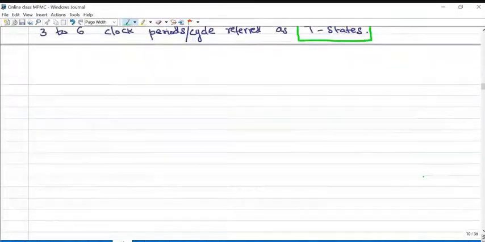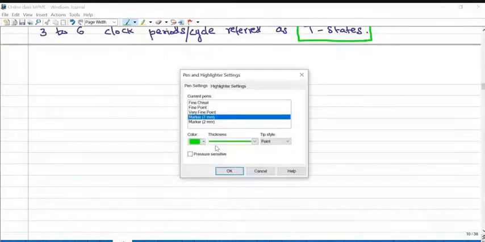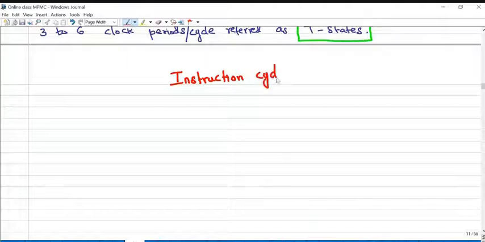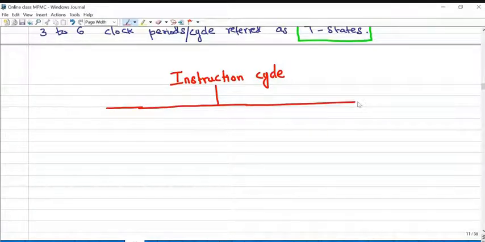So if you organize these particular terms: one instruction cycle, that is to execute one particular instruction, may involve more than one machine cycle.